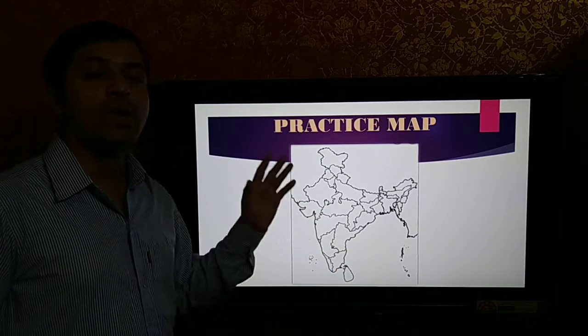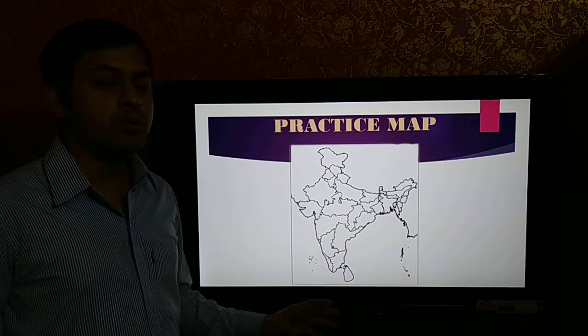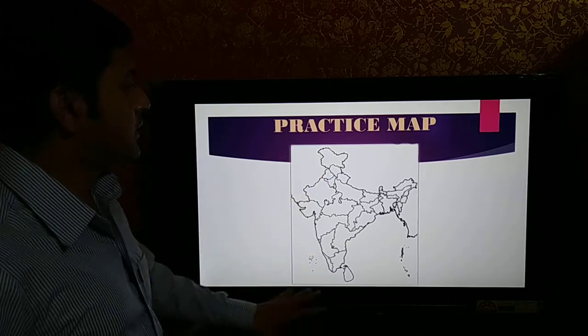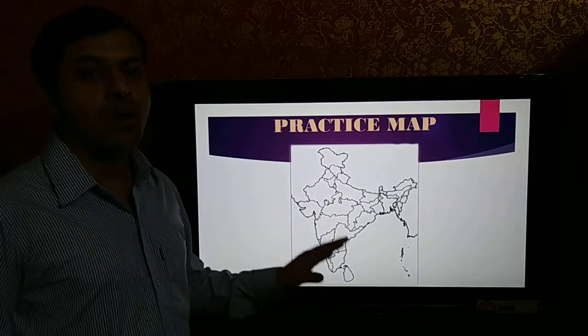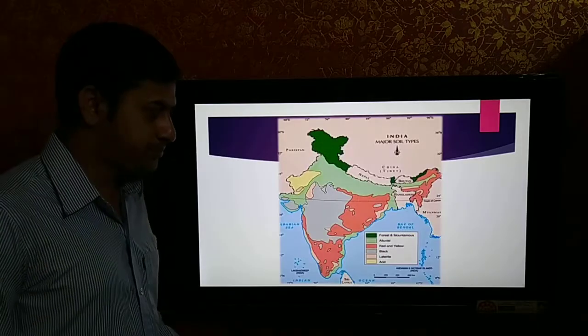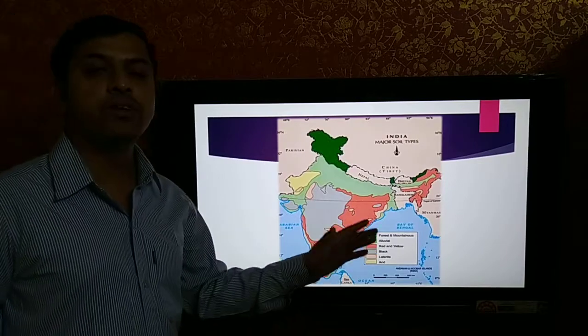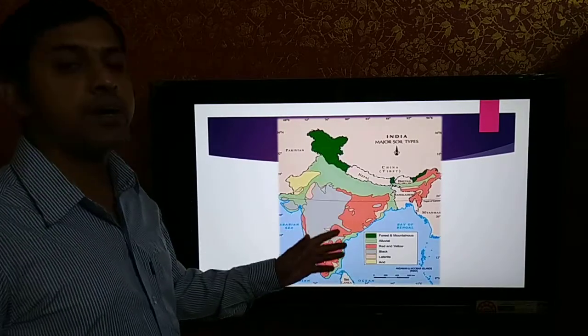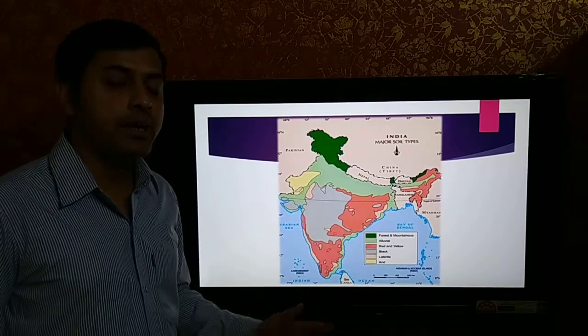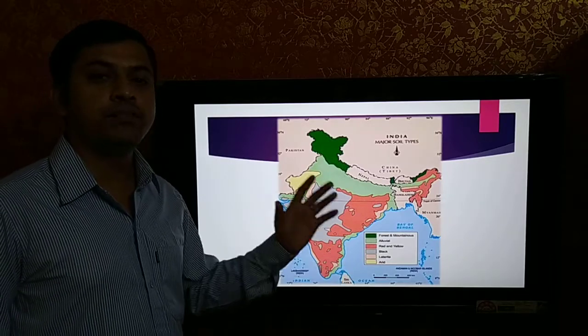On this map you have to point out or shade the areas of several types of soil, as it is also given in your book where different types of soils are found in India. You can color differently for different types of soil.